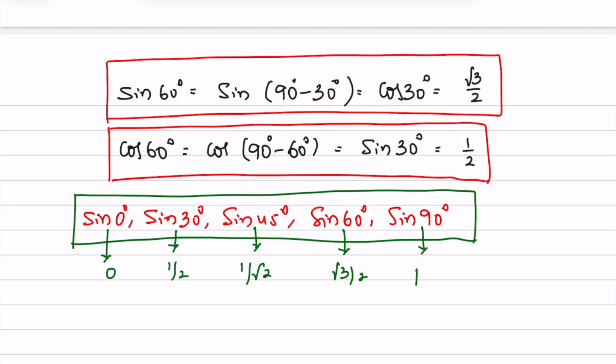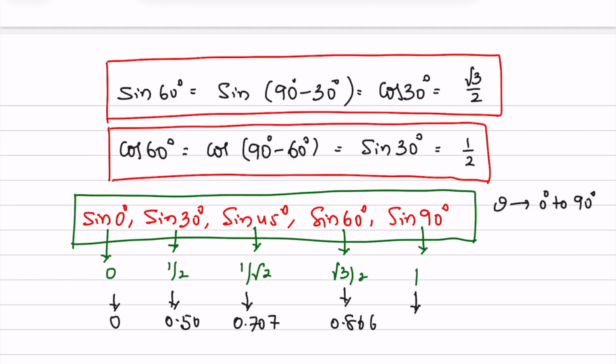Here theta is increasing from 0 to 90, and here the values are increasing. You can say it is 0, it is 0.5, 1 by root 2 is 0.707, root 3 by 2 is 0.866, and it is 1.00.